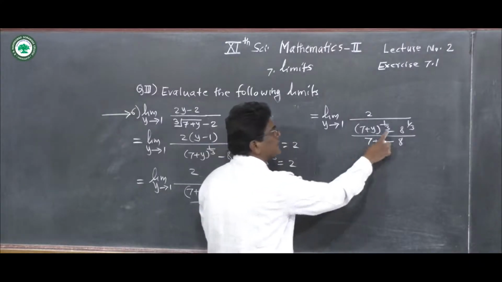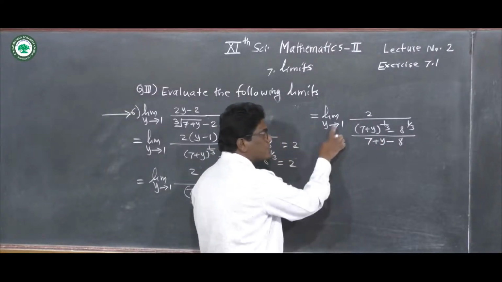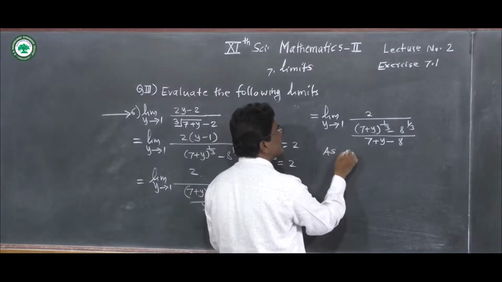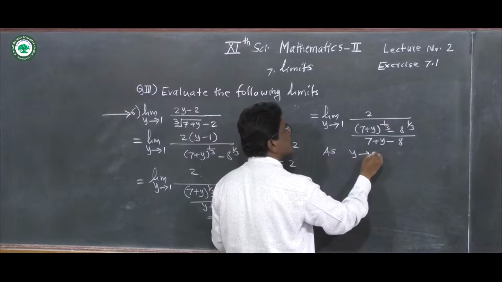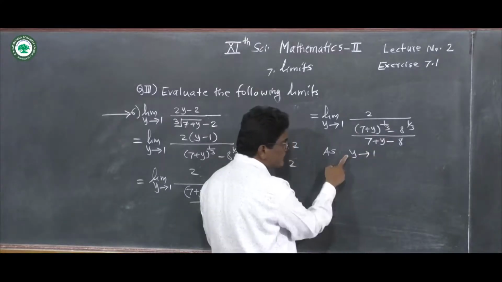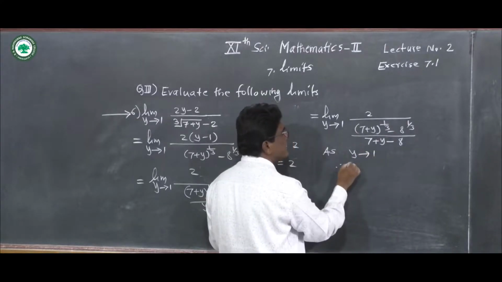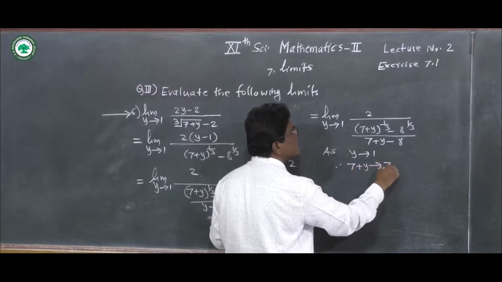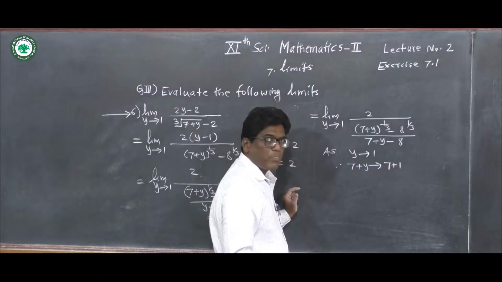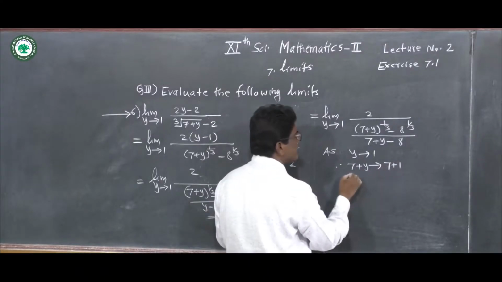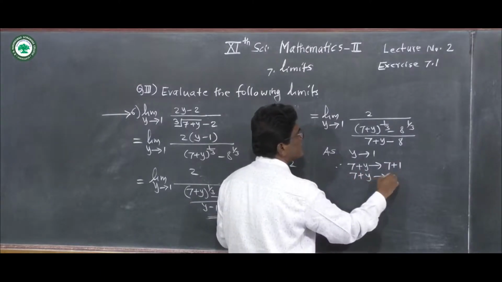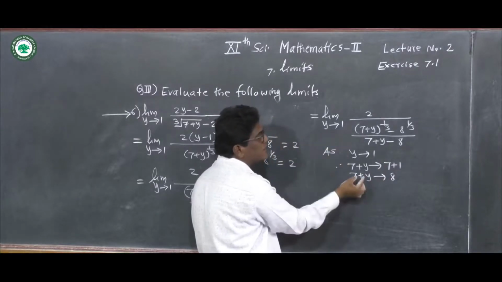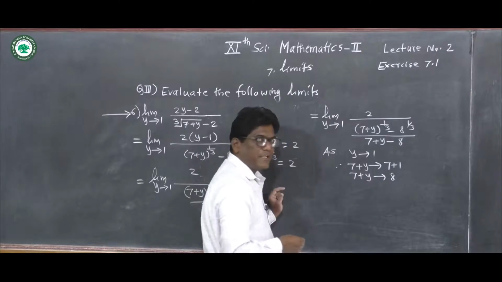And now use the standard formula, because as y tends to 1, we add 7 on both sides, so 7 plus y tends to 7 plus 1, that means 7 plus y tends to 8. So y tends to 1 is similar to 7 plus y tends to 8.